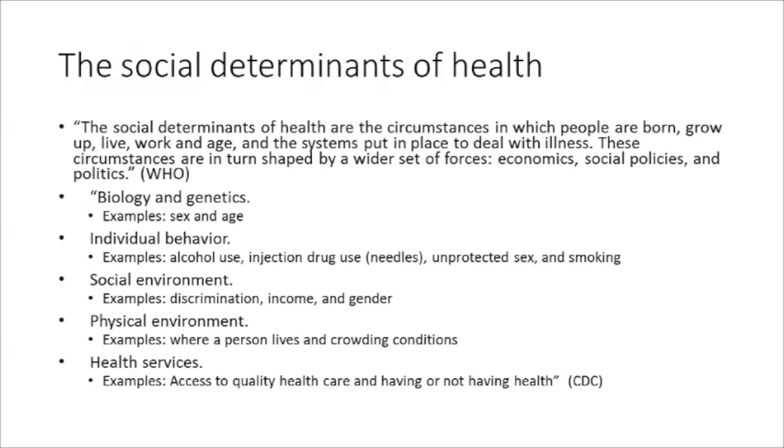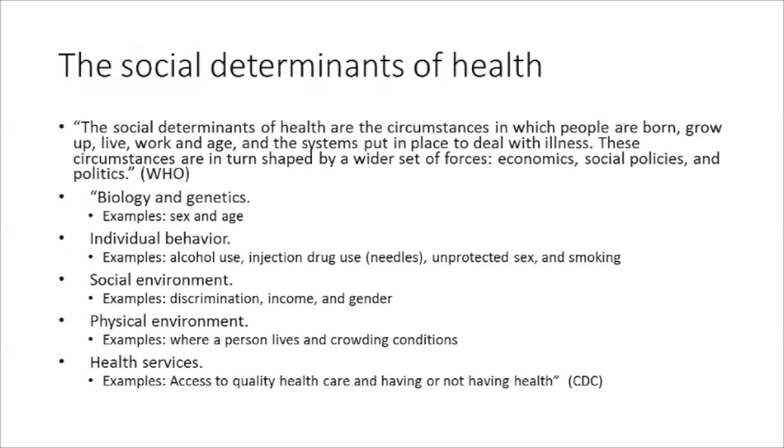The social determinants of health, according to the World Health Organization, are the circumstances in which people are born, grow up, live, work, and age, and the systems put in place to deal with illness. These circumstances are in turn shaped by a wider set of forces: economics, social policies, and politics.